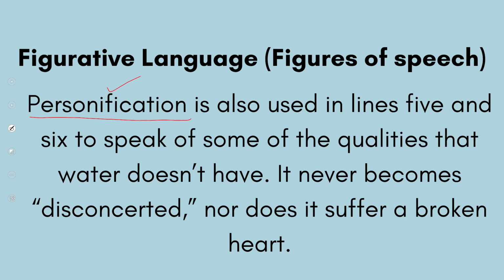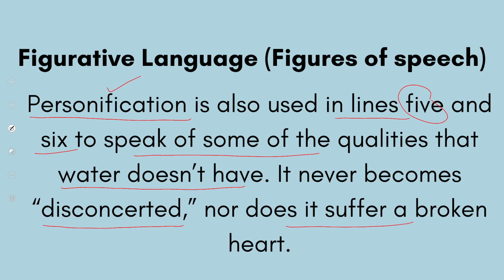Personification is when we give non-human things or entities human-like qualities. Like here, personification is also used in lines number 5 and 6 to speak of some of the qualities that water does not have. It never becomes disconcerted, nor does it suffer a broken heart.